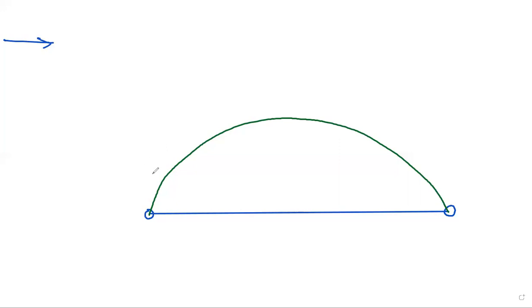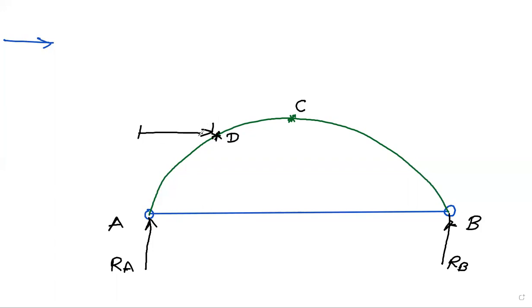Okay, so 2-hinge arch. At point D, that is 5 meter, and suppose this is the point C. A, B, then this is your RA, your RB, this is your point D, which is taken at a distance of 5 meter, right?